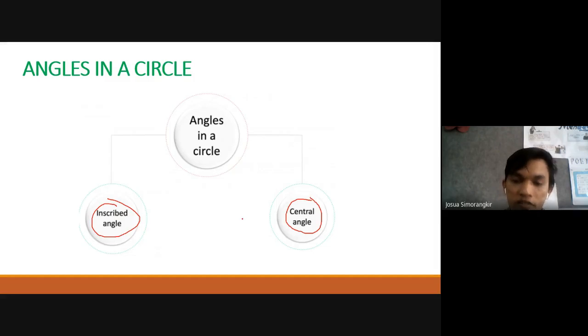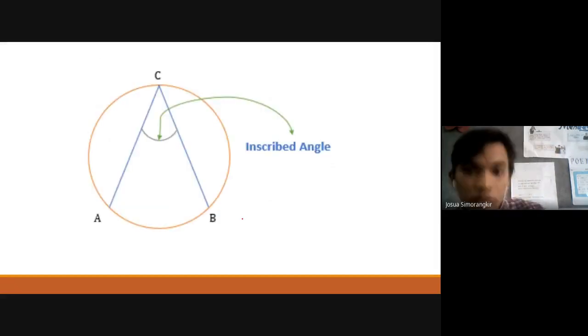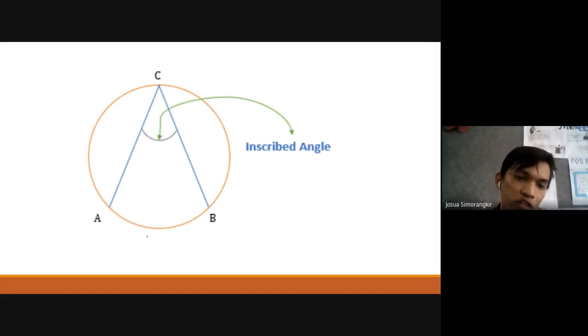So what is this? Let's see here. For the inscribed angle, let's say we have the arc AB.